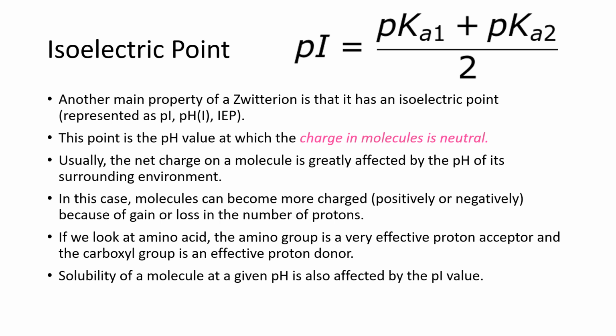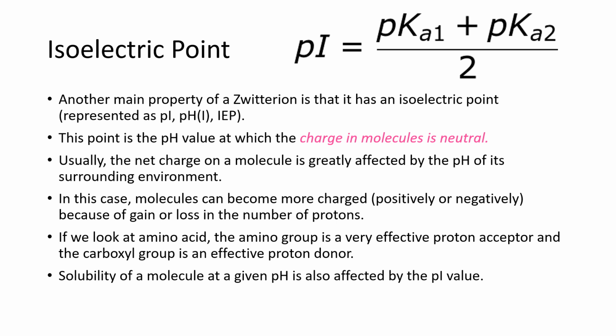Usually, the net charge on a molecule is greatly affected by the pH of its surrounding environment. In this case, molecules can become more charged, positive or negative, because of gain or loss in number of protons. Like we said, zwitterions are either acceptors or donors of protons, so depending on what happens, it can be positive or negative.